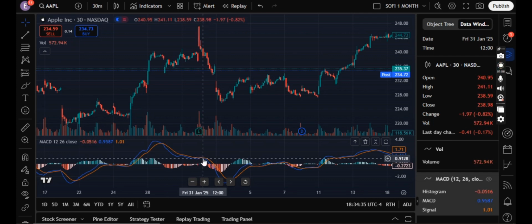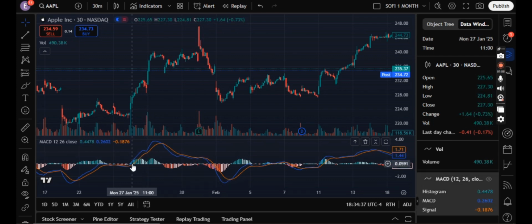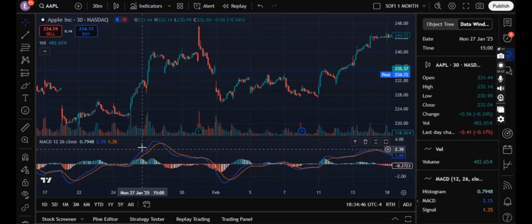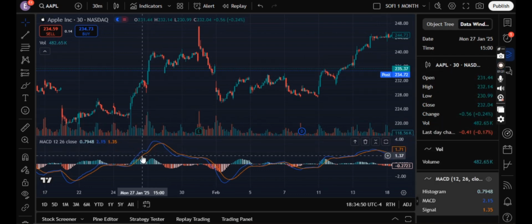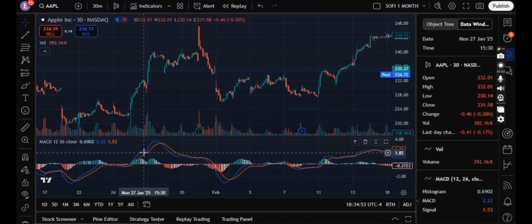So definitely if you see a convergent divergence here, the blue line separates and you're above the middle line, folks, you take that trade, you're buying, because you know that the stock price is going up, sure.